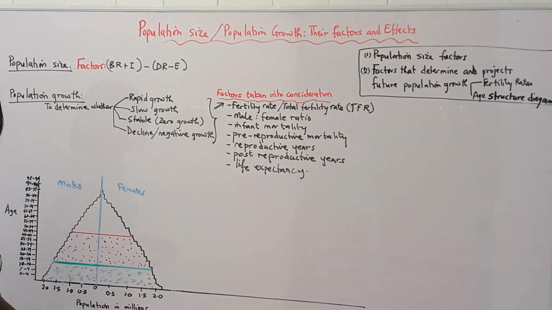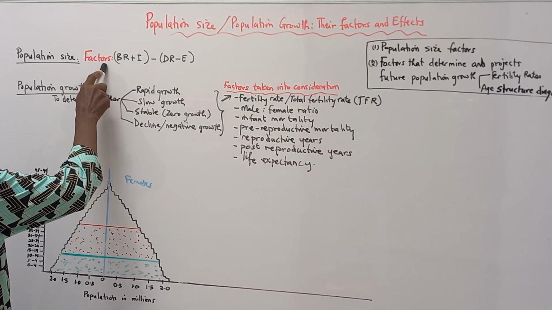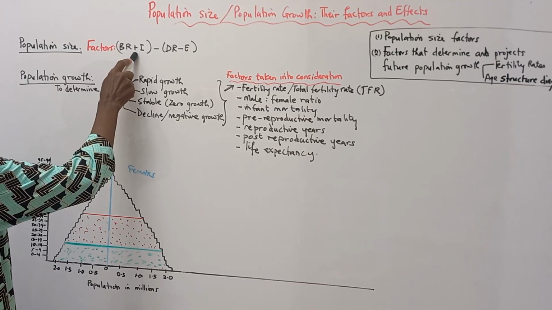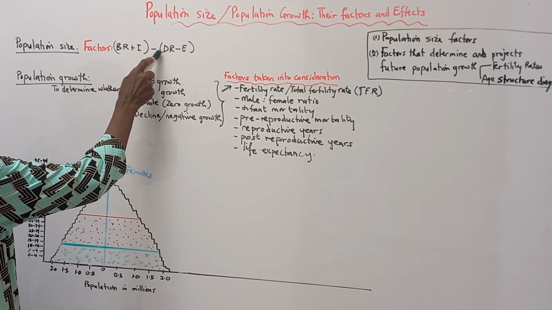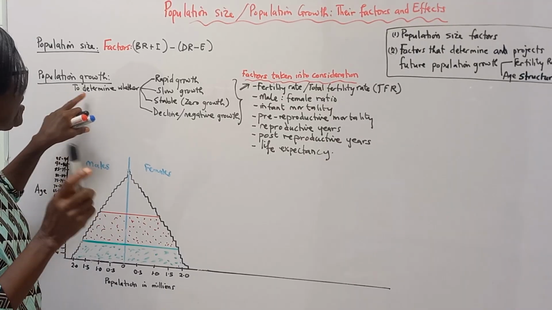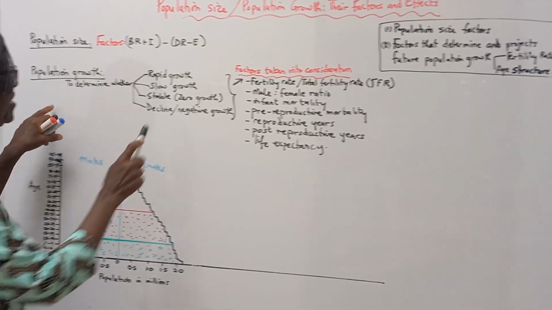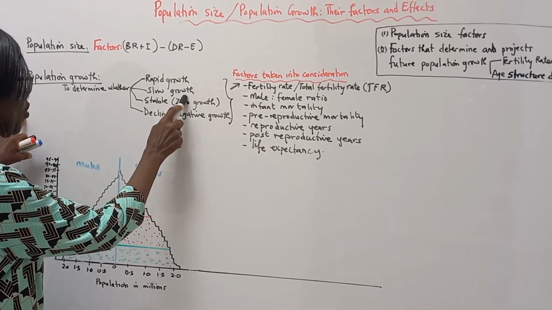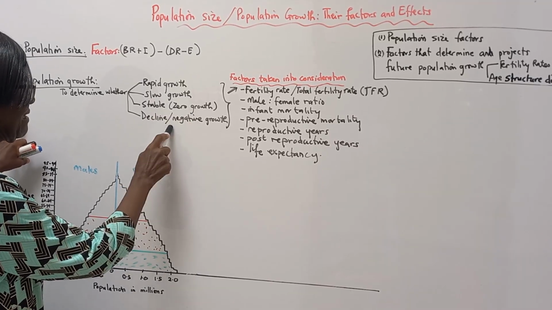Now, the population size factors that determine it are birth rate plus immigration minus death rate and emigration. Population growth determines whether the population is growing rapidly or slowly, or is stable or in decline.